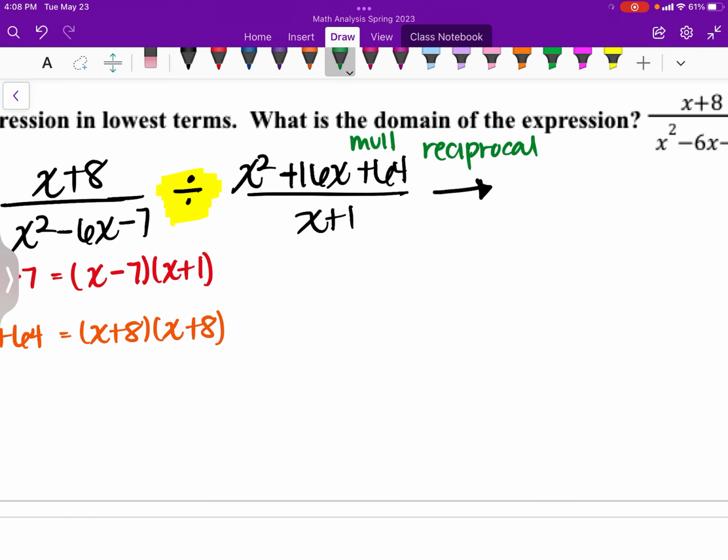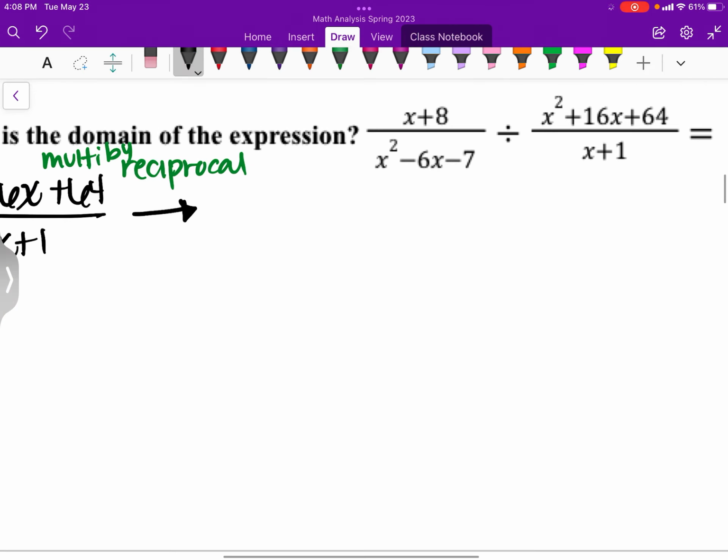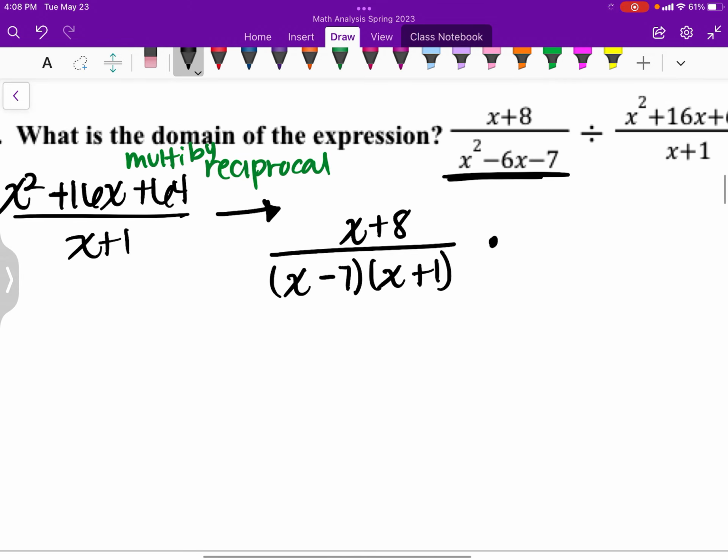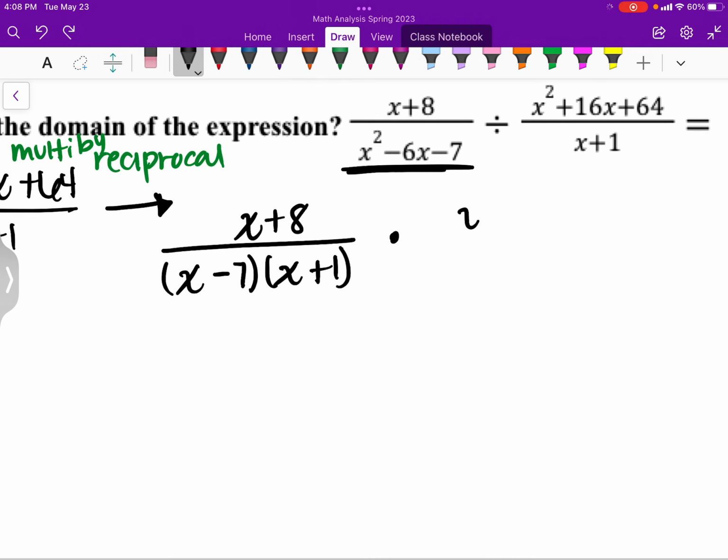So in this case, that would become x plus 8 over, in factored form, x minus 7 and x plus 1. That stays the same. Now we're going to multiply. And the reciprocal in this case is just flipping this, right? Inverting it. So then I have the x plus 1 on top. And on the bottom, I have x plus 8 times x plus 8, right?